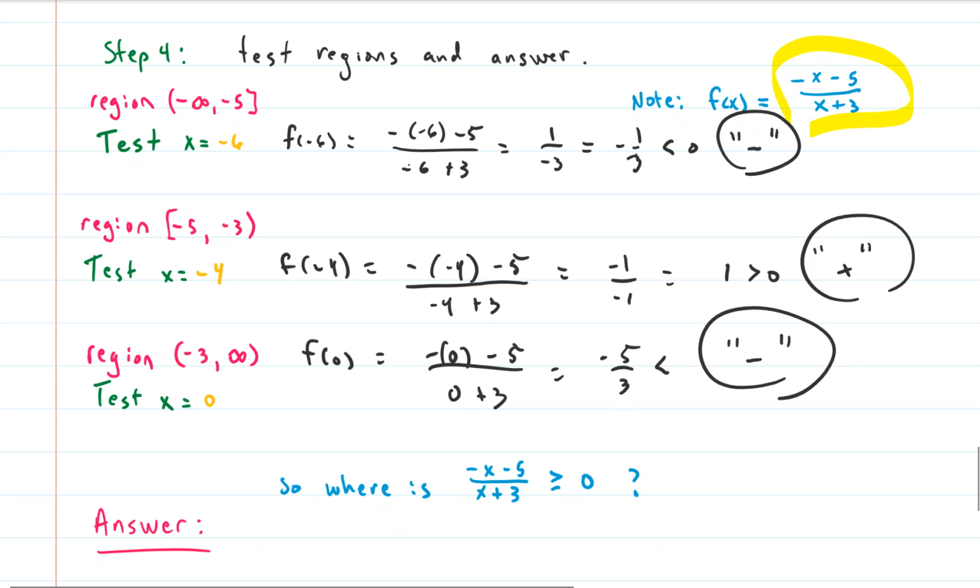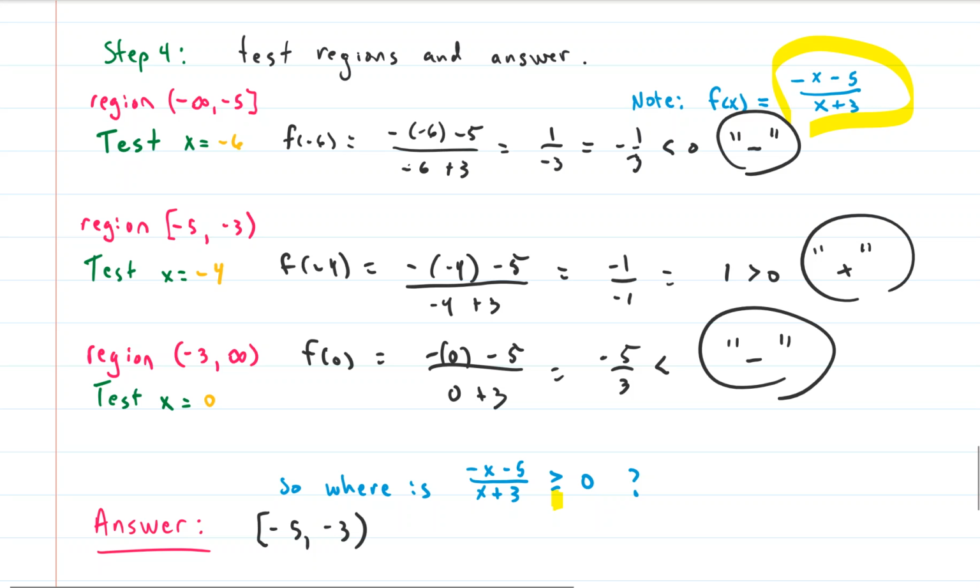Negative region. So where is our function greater than or equal to 0? Well, it is where it's positive. It's only one place: -5 to -3.